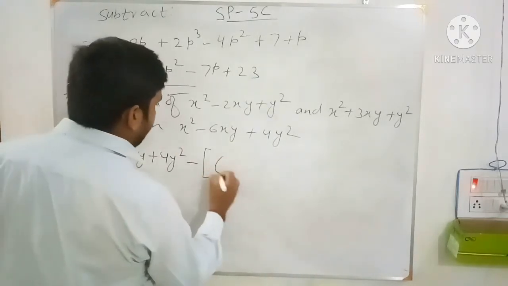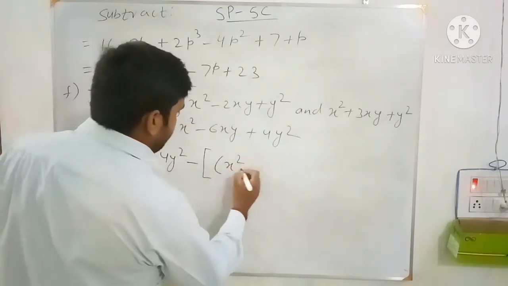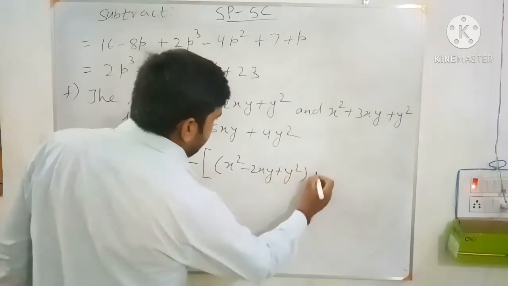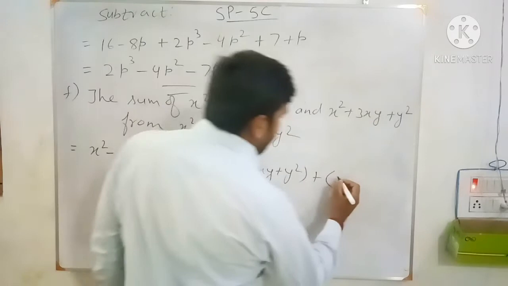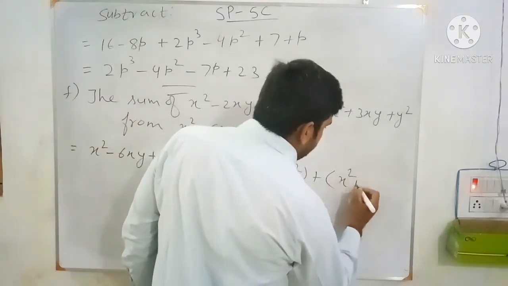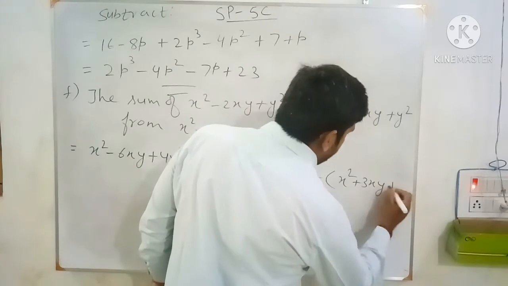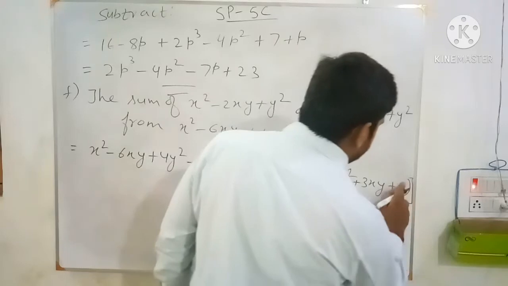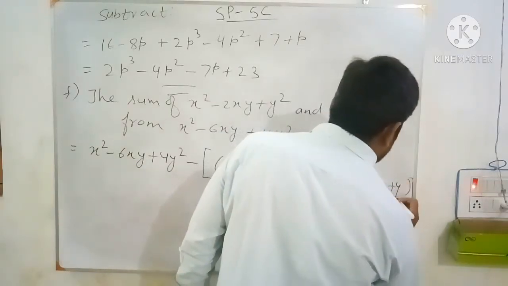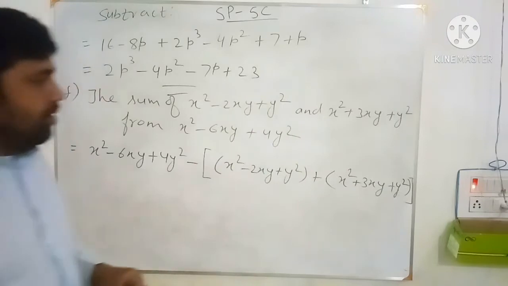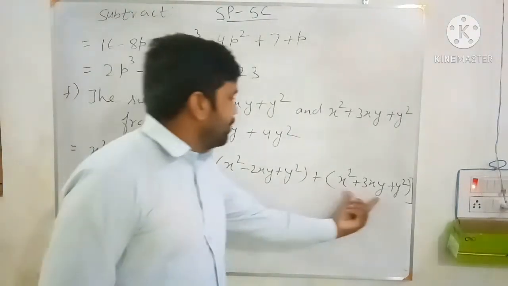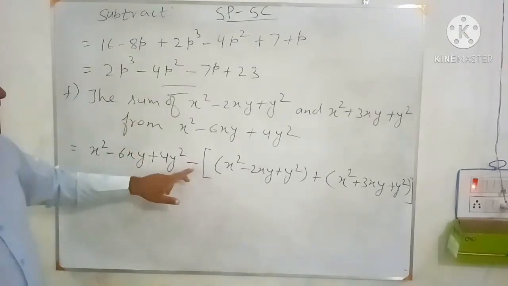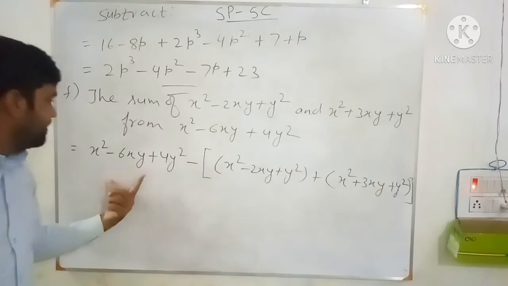Each polynomial we write in a small bracket: x square minus 2xy plus y square plus another polynomial x square plus 3xy plus y square. So we have to subtract the sum of these two polynomials from this polynomial, so we write minus, the sum of these two polynomials, from this.